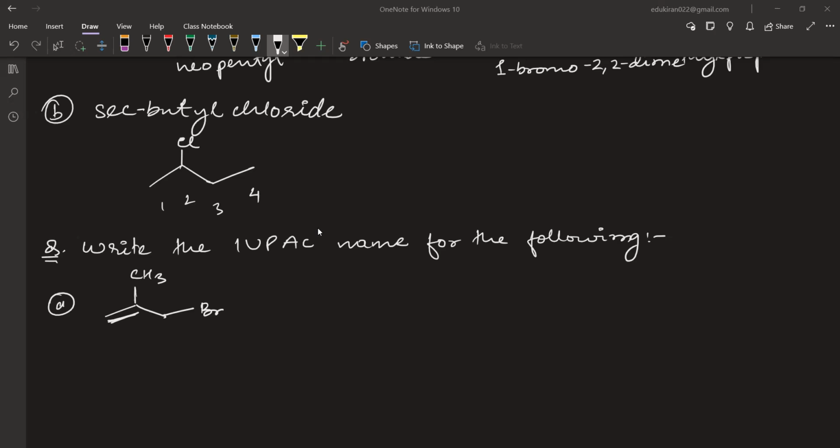Correct, Akshay. Very good. No, Atif. Check once again. Unsaturation सही नहीं है आपका. Kulsum, numbering is not right.